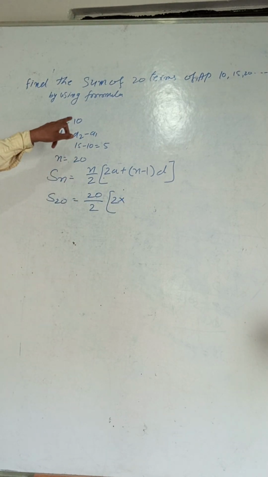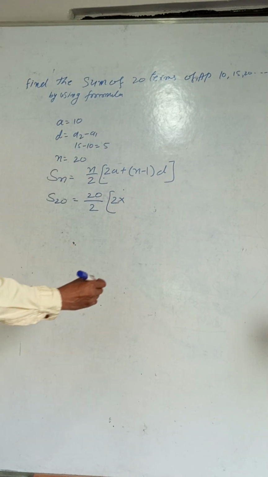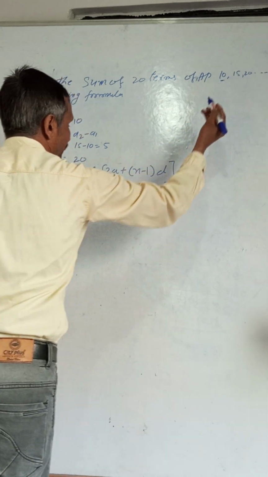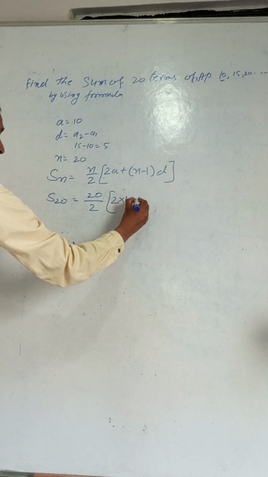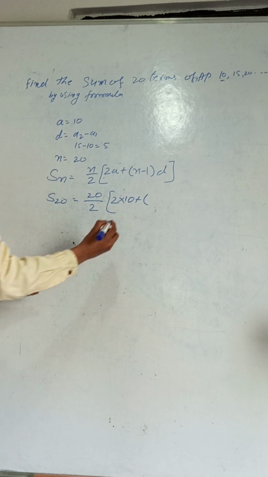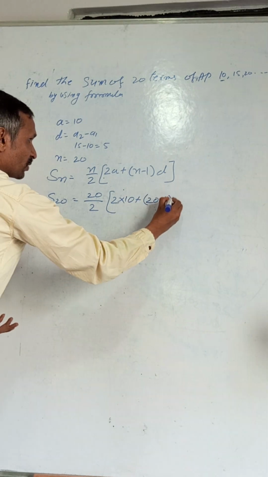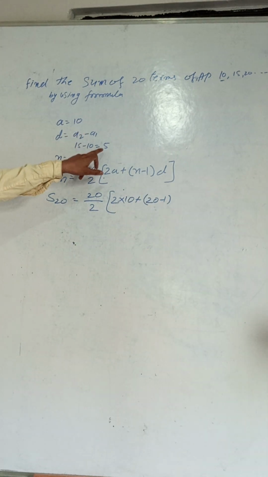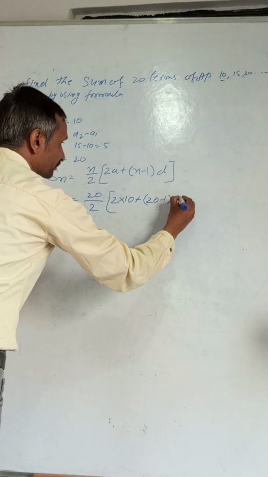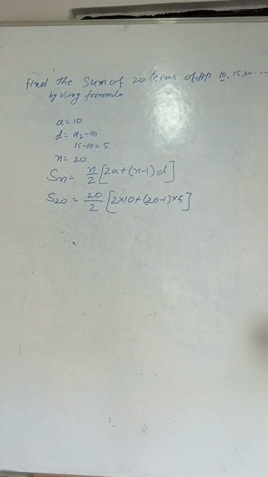The value of a is 10, plus n minus 1, which is 20 minus 1, into d. We found d is 5.